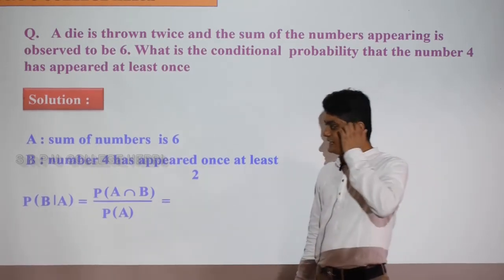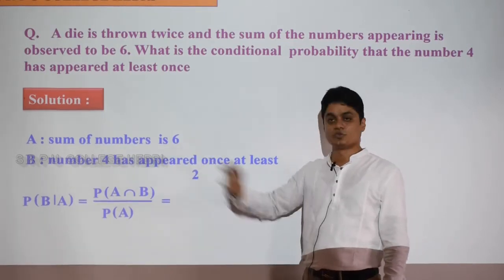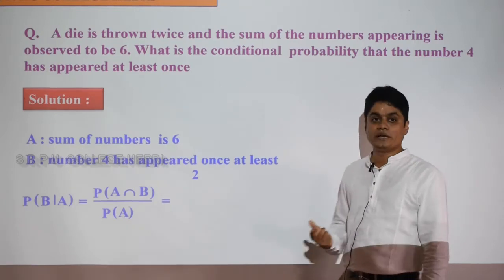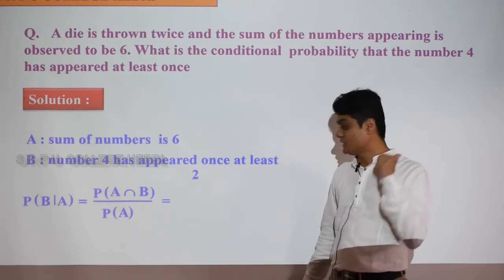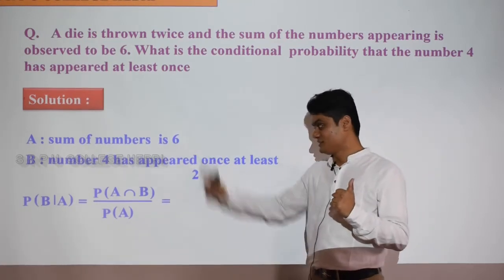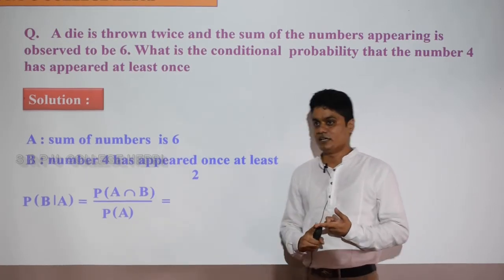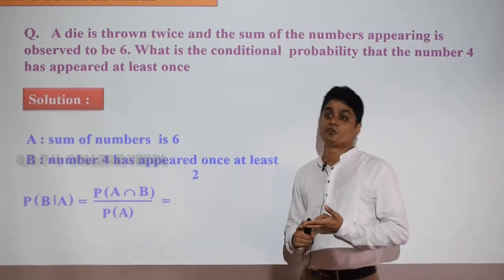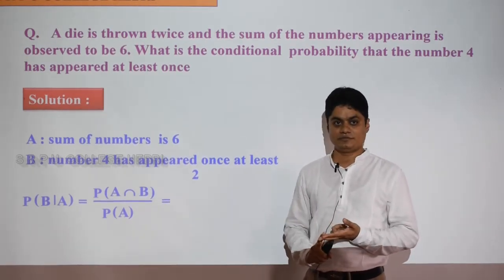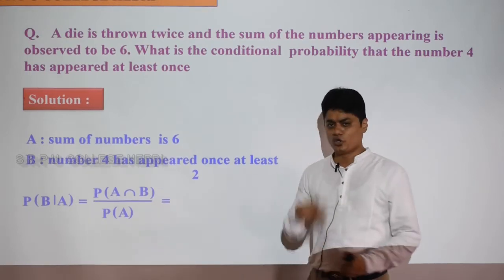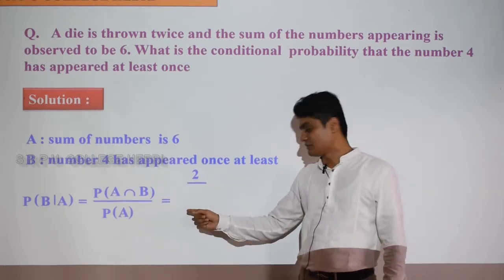So which options are there? 1 4 is not possible, because with 1 only 1 5 gives 6. So among the options with 1, none works. Then 2 1, 2 2, 2 3, no, not possible. 2 4, one possible outcome is 2 4, right? 2 plus 4 is 6 and 4 appeared, correct. Next, none. With 3, not possible. 4 2 is possible, right, 4 2 is possible. Then 5 definitely no, 6 definitely no. So only two possibilities, there are only two outcomes favorable to A intersection B. So it is 2 by the total number of outcomes, that is 36.